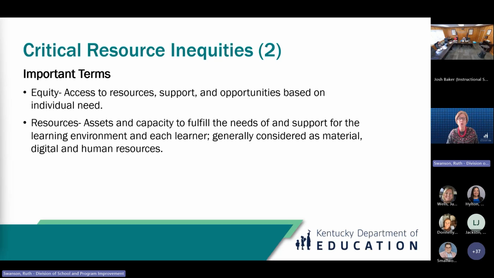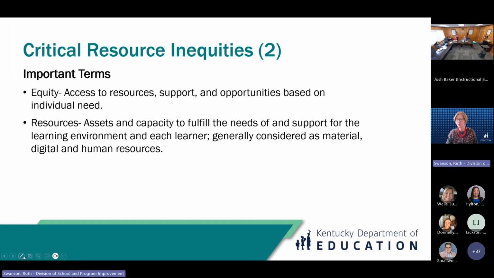And so we also want to look at the definition for resources, because that can include both assets and just capacity to be able to fulfill the needs of that learning group. So a lot of times we can consider things like materials, resources can be digital, human resources. So as you review your resources, you want to keep those definitions in mind.